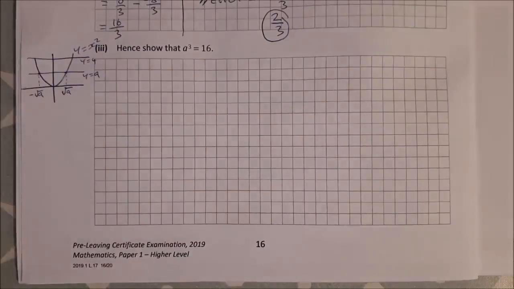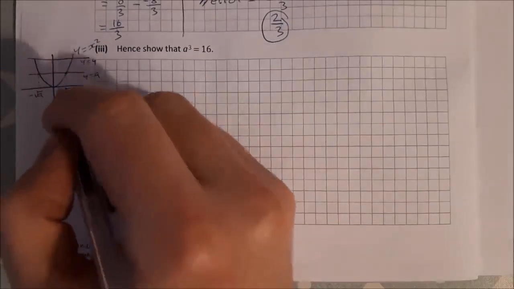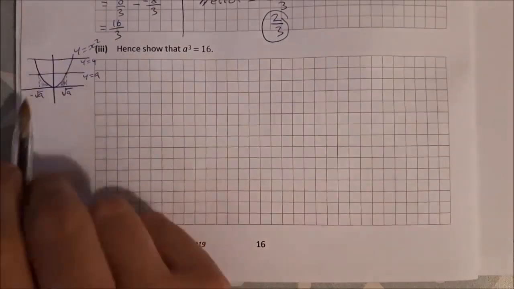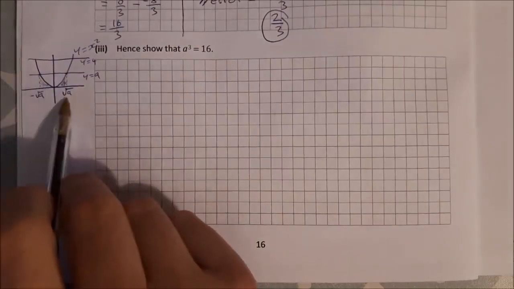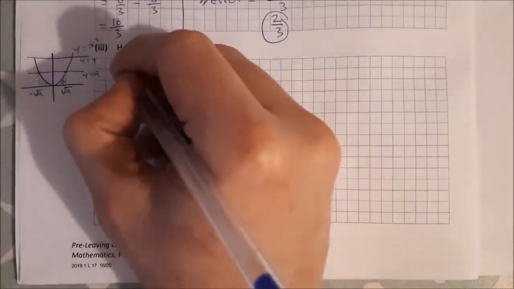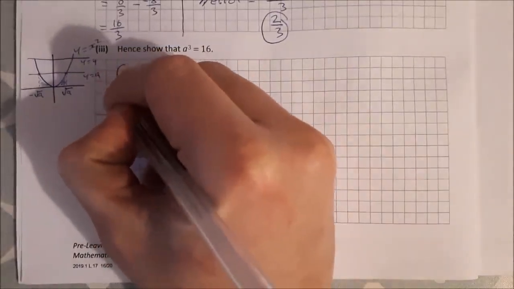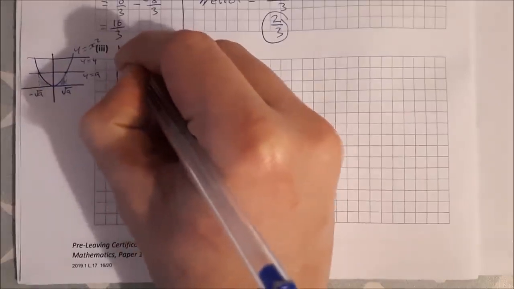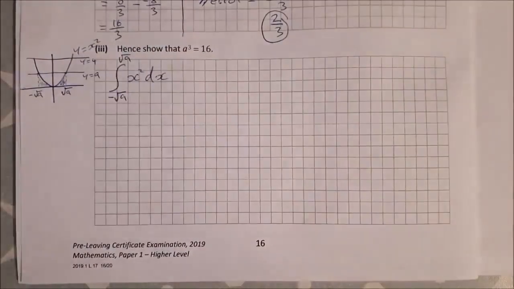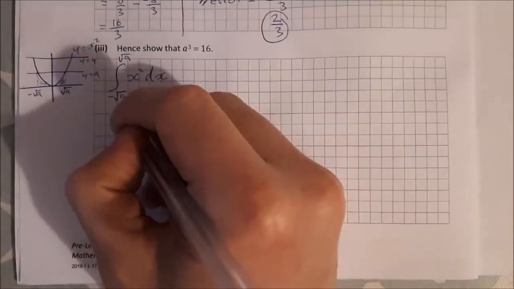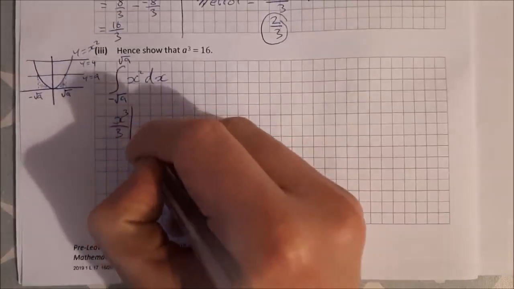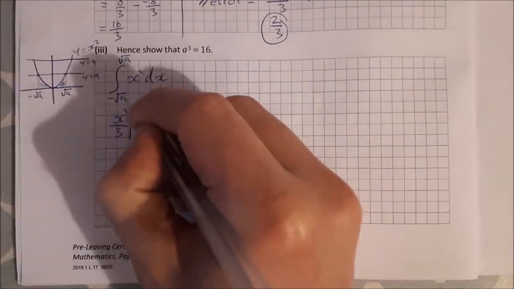So now I can integrate to get this area here, the area underneath this curve from minus root a to plus root a, that is under the line y equal to a. So I'm going to get the integral from minus root a to root a of x squared dx. So again, the integral of x squared is x cubed over 3, and I'm going to evaluate that from minus root a to root a.